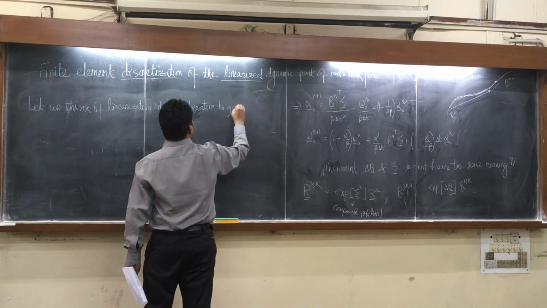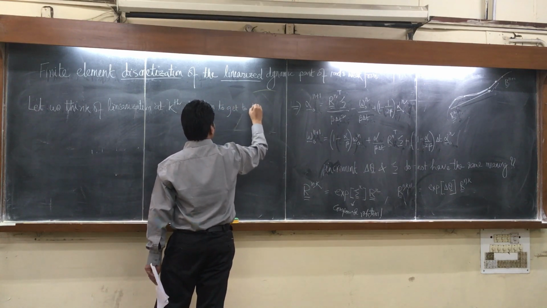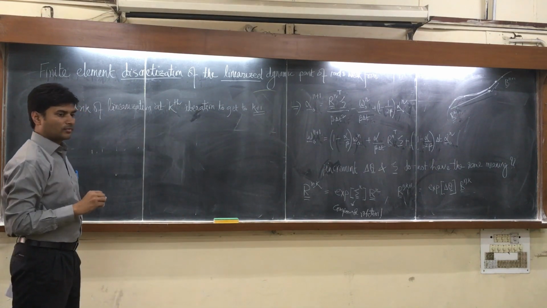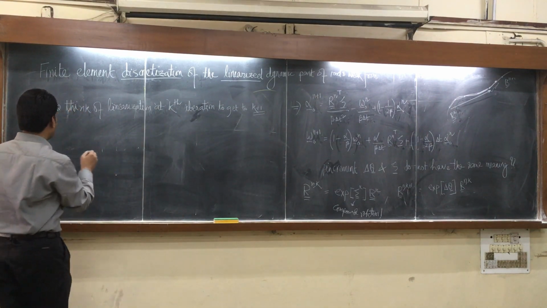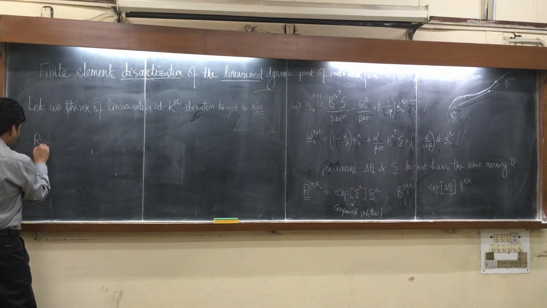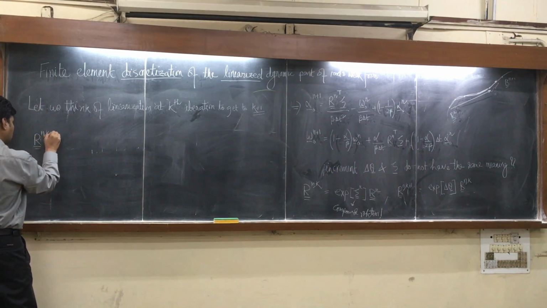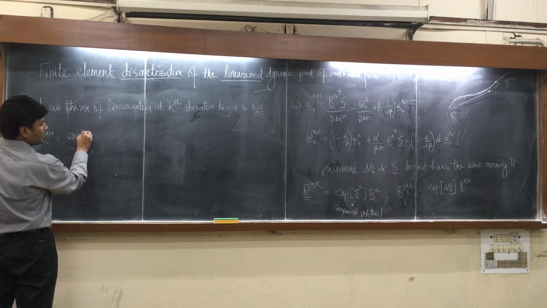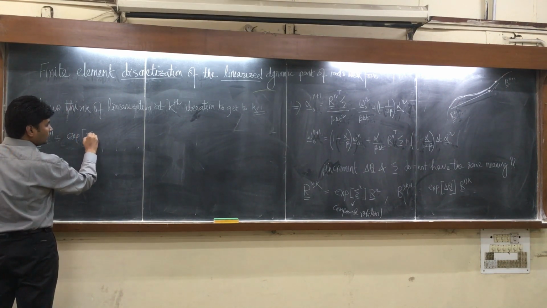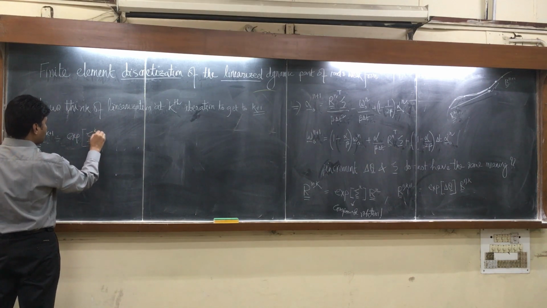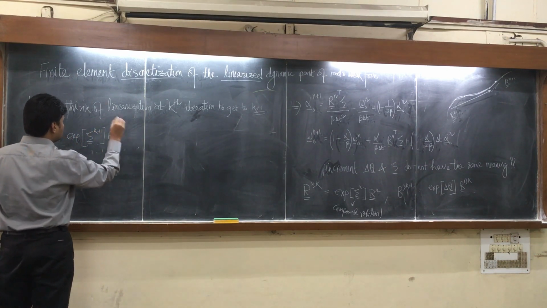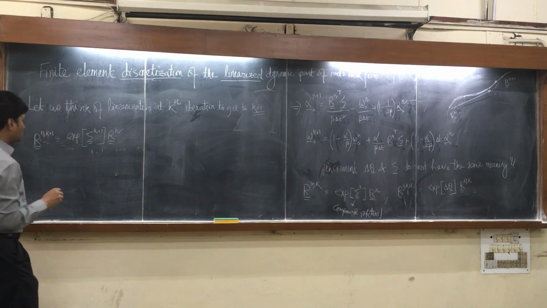To get to k plus 1. Okay, so basically your R of n comma k plus 1 is then exponential of zeta k plus 1 times Rn. This we know.